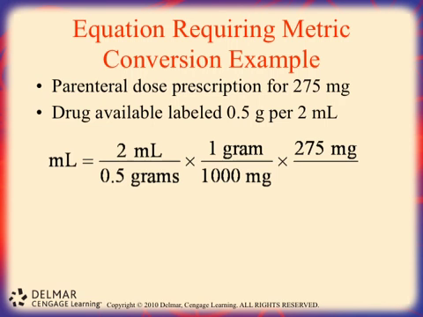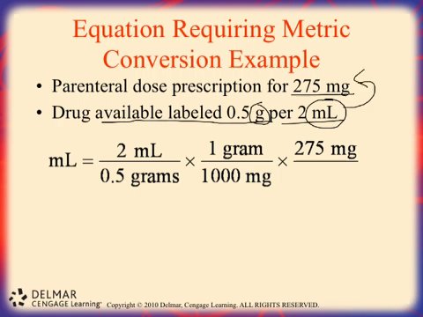We see here that we have a parenteral dose prescription for 275 milligrams. That's our ordered dose. What we have available is 0.5 grams per 2 milliliters. So we're still going to be looking for how many milliliters do we need in order to give 275 milligrams.